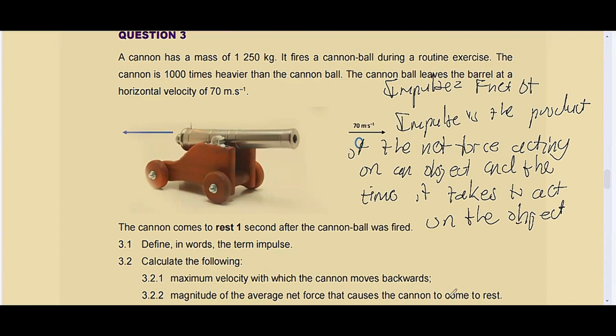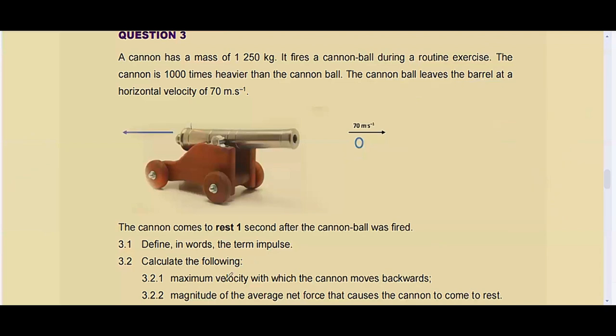So that is our definition of impulse. This is the product of the net force acting on an object and the time it takes to act on the object. Hence, we have the formula F net multiplied by delta t. So this is the net force acting on an object and the time that net force takes to act on that particular object. Right.